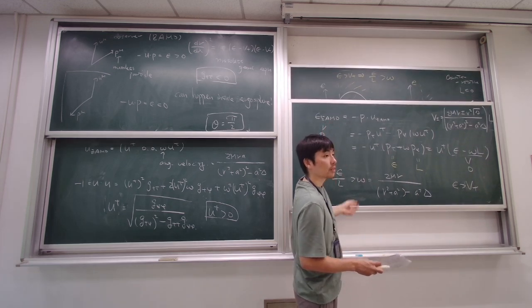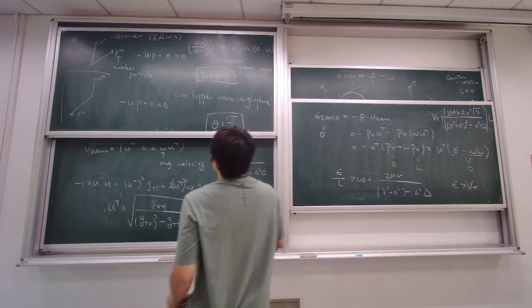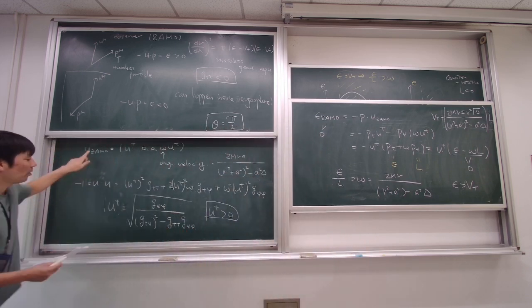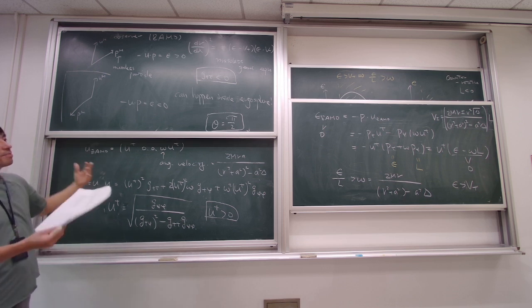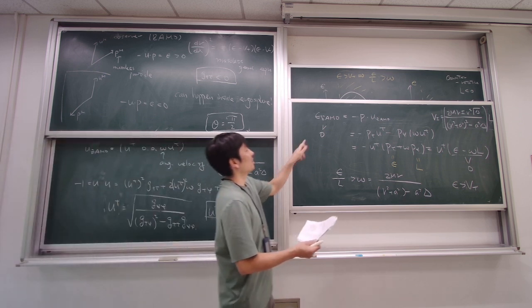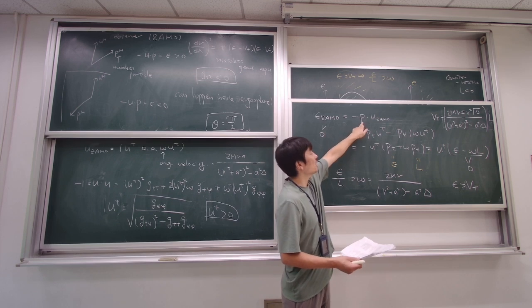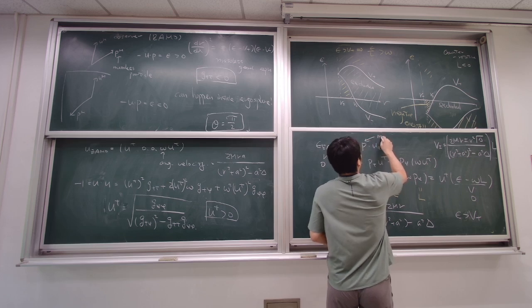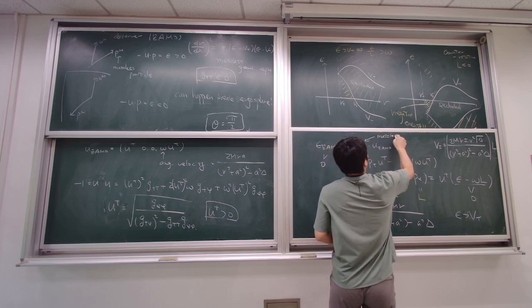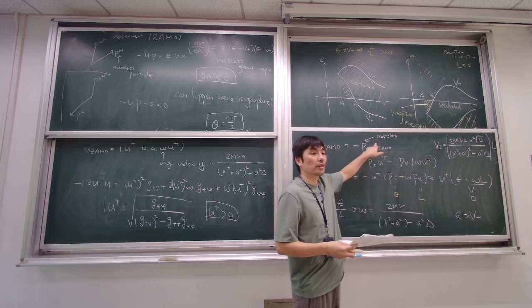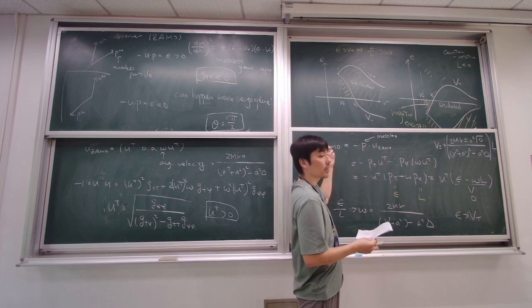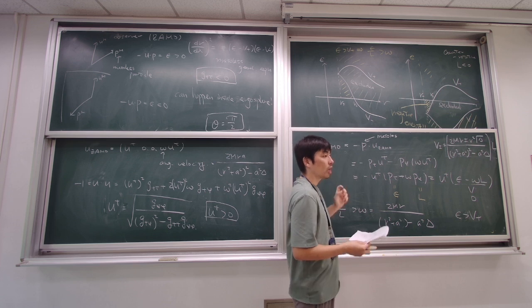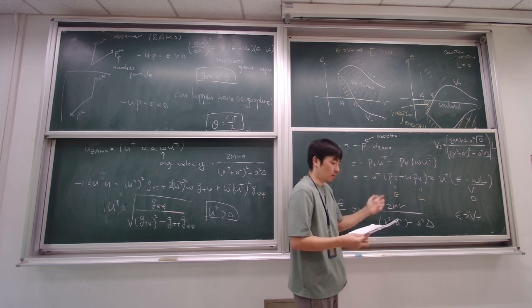That's what I mean. So the ZAMO, P is the massless particle we consider. P is a massless particle, and U is the observer. If you take an inner product, one can obtain the energy measured by this ZAMO.